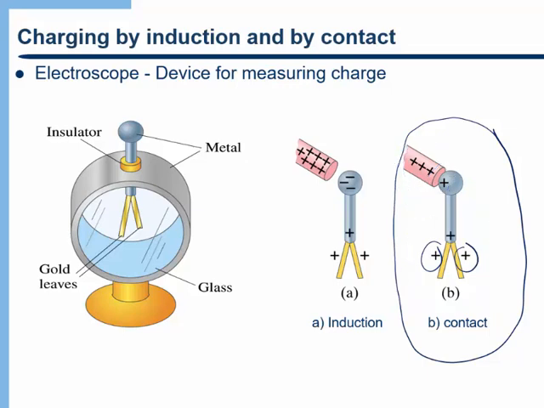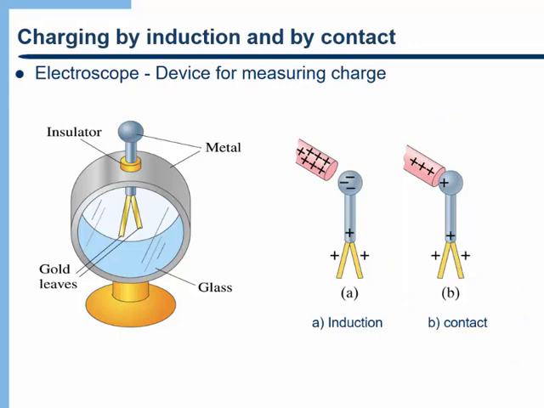The other thing that's kind of interesting though is you don't even have to touch the electroscope in order to see an effect on the electroscope. So notice if I just bring a positively charged object close to the electroscope, what's going to happen here is in the metal, the electrons are going to be attracted to this positively charged object.